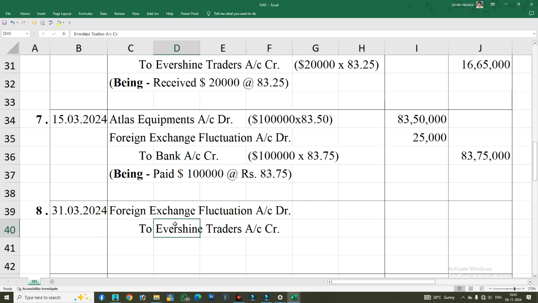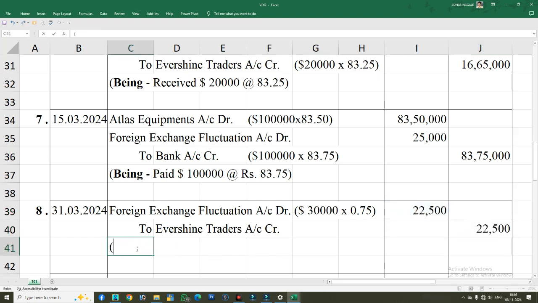But this is an assumption as per Accounting Standard 11. Into bracket, dollars 30,000 to be received, and after comparison the difference is 0.75. So outstanding loss, 30,000 into 0.75.